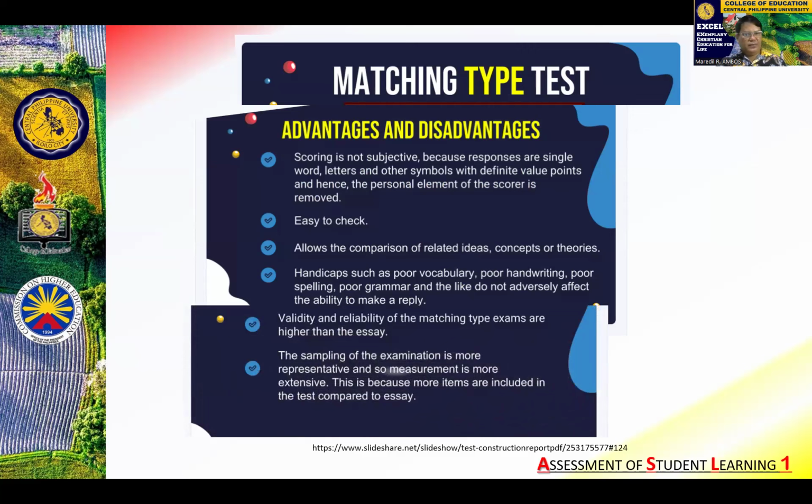Then the validity and reliability of the matching type exams are higher than the essay. And the sampling of the examination is more representative, and so measurement is more extensive.